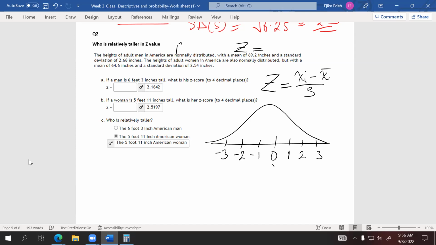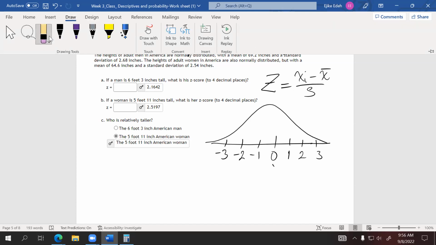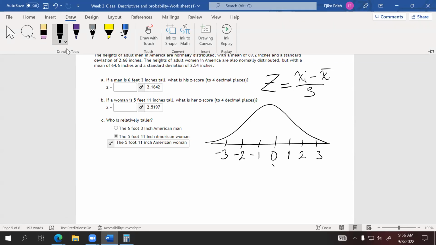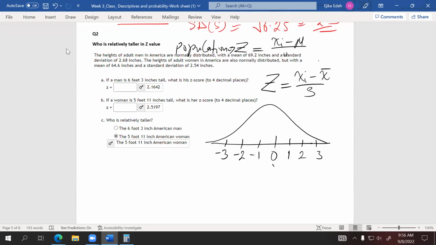For the population, Z is equal to your data again minus the population mean, divided by the population standard deviation. It's just a simple difference. Essentially, both of them give you the same thing, so we're going to focus on the sample formula.